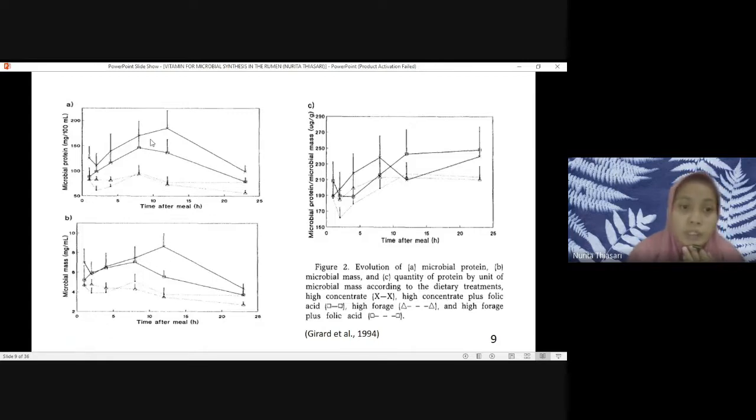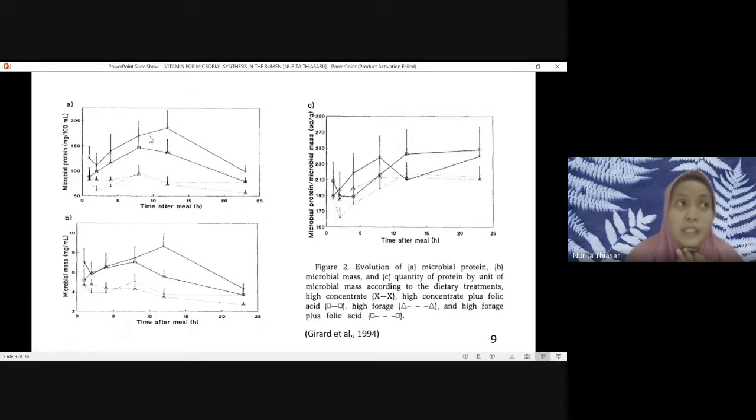From these two pictures, I got the information that the reduction of the microbial protein and microbial biomass is due to the addition of the folic acid, because when the microbial synthesize the protein, they need more energy, so the vitamin will not be effective without the addition of the energy.